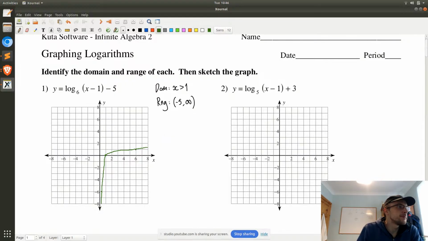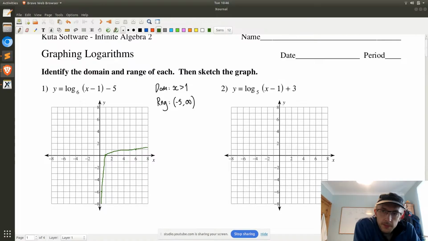So that's going to cause it to shift to the right by exactly 1 unit and then shift downwards by exactly 5 units.